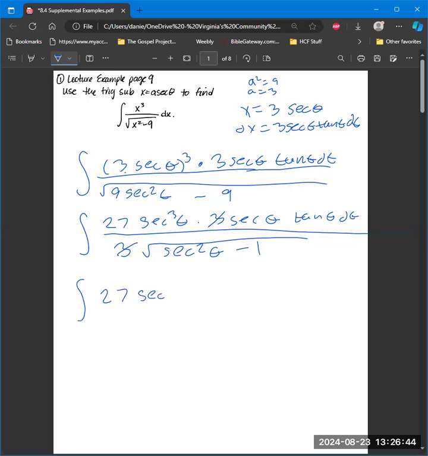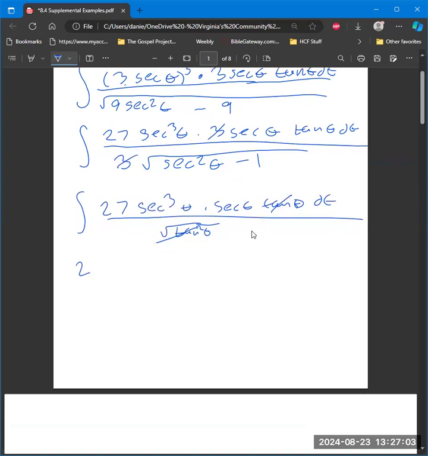That 3 and that 3 will cancel. 27 secant cubed theta times secant theta tan theta d theta over square root of tangent squared theta, which is a tangent theta, that will cancel out with that tangent theta.